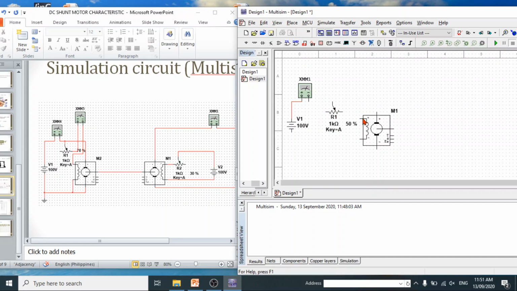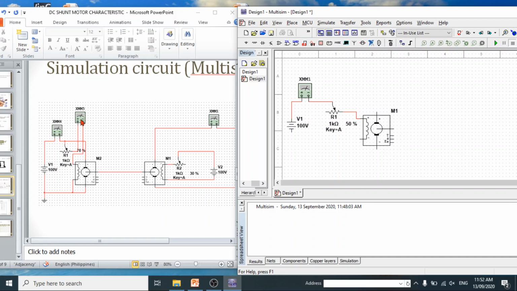So connect the field, and then this one to the ammeter. We can neglect the meter number 5.